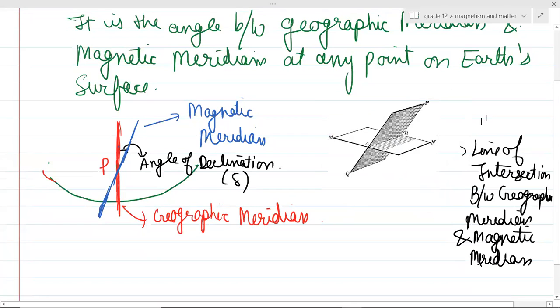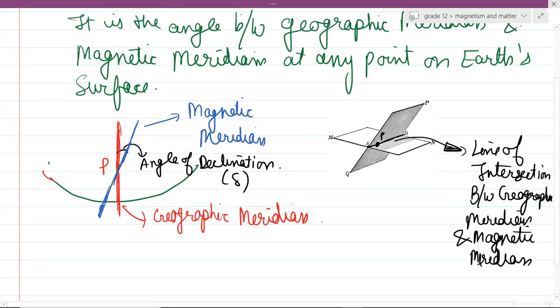Can you see this particular thing now, guys? Can you see the figure? This will be the line of intersection, the line AB. The point P will lie on this AB, right? Can you see one plane, which is the MN plane?